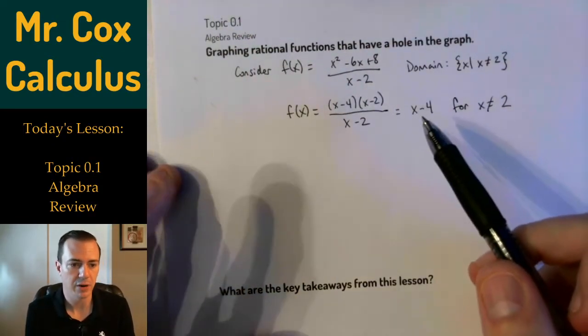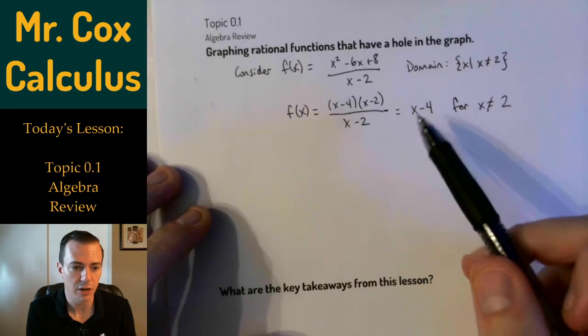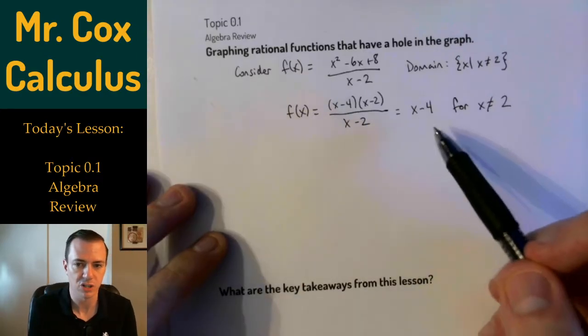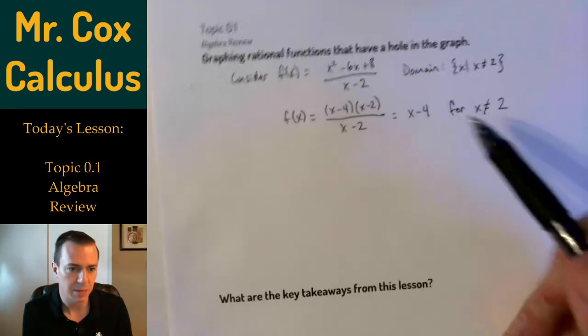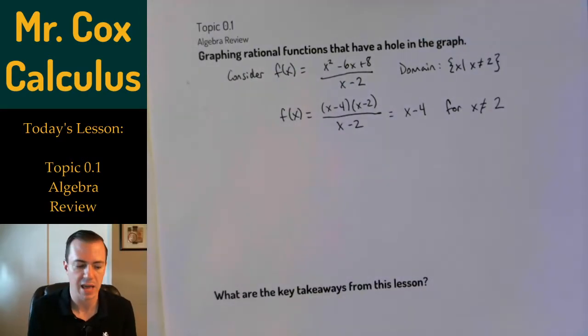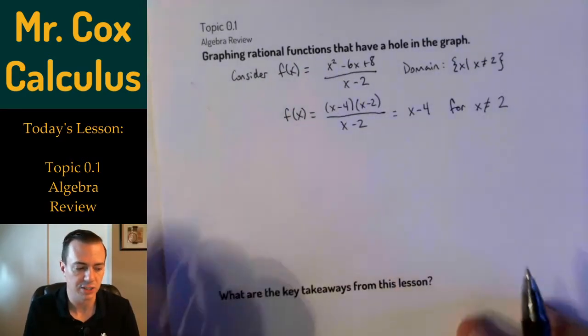And so what I have here is f of x is a linear function, or it's going to behave like a linear function x minus 4, except at x equals 2, because that's where my f of x, this initial function, is undefined.